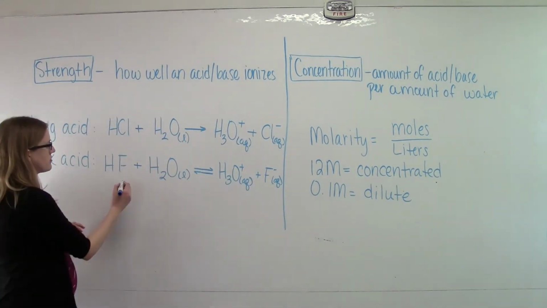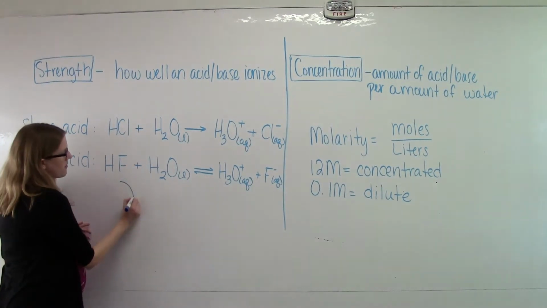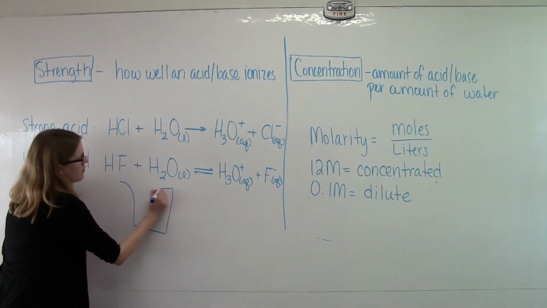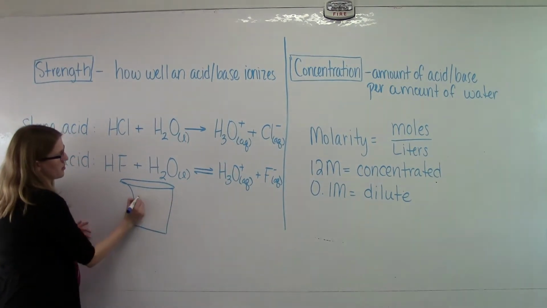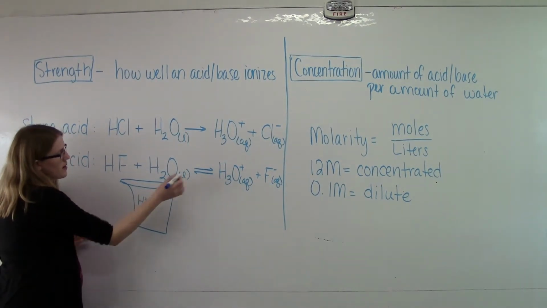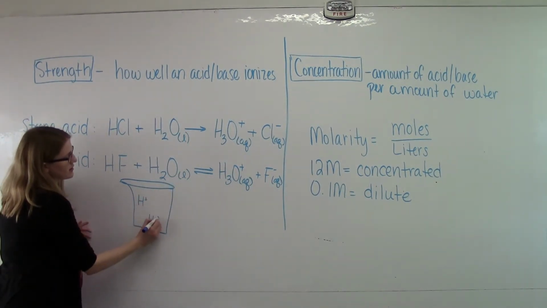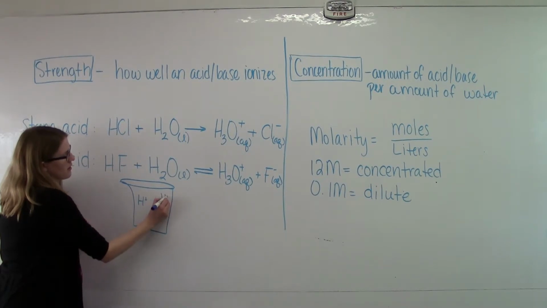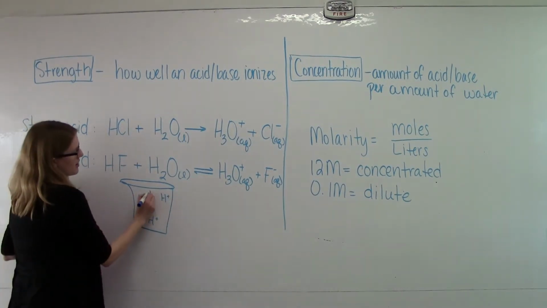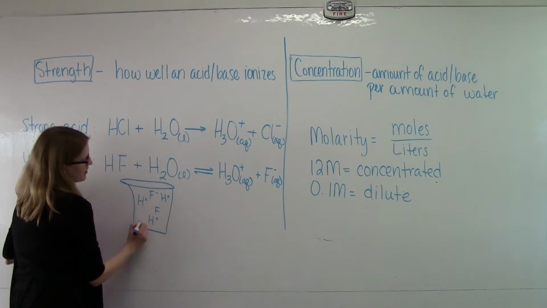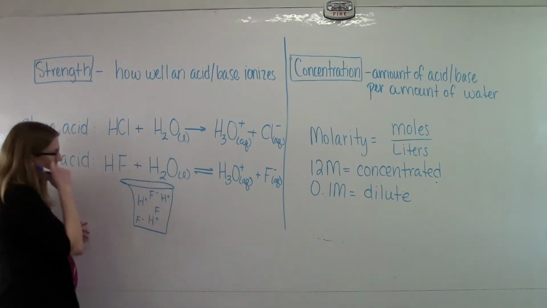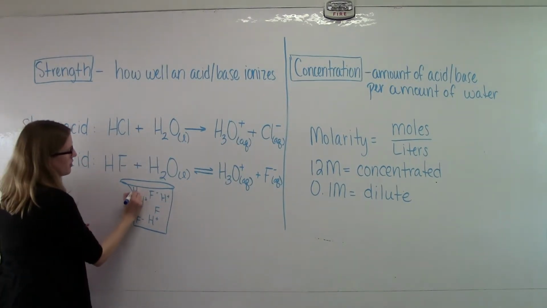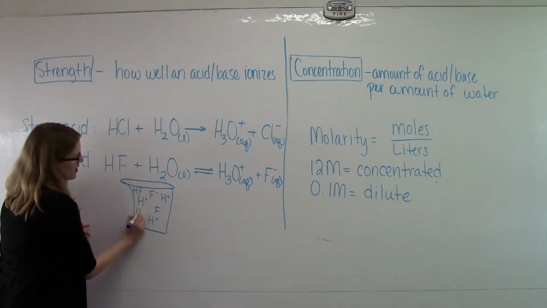If you had a solution of this in a beaker, okay, it would actually look like this. There would be some H plus. Now, to shorten it, I'm just going to write H plus to remember that those are basically the same thing. Okay, and F minus, F minus. There would be some of that. But in reality, there still would also be some HF hanging around.